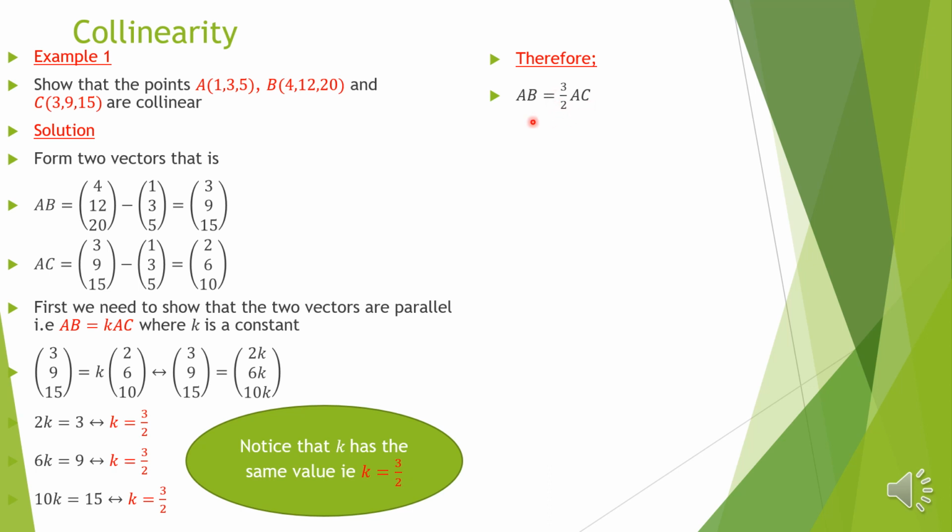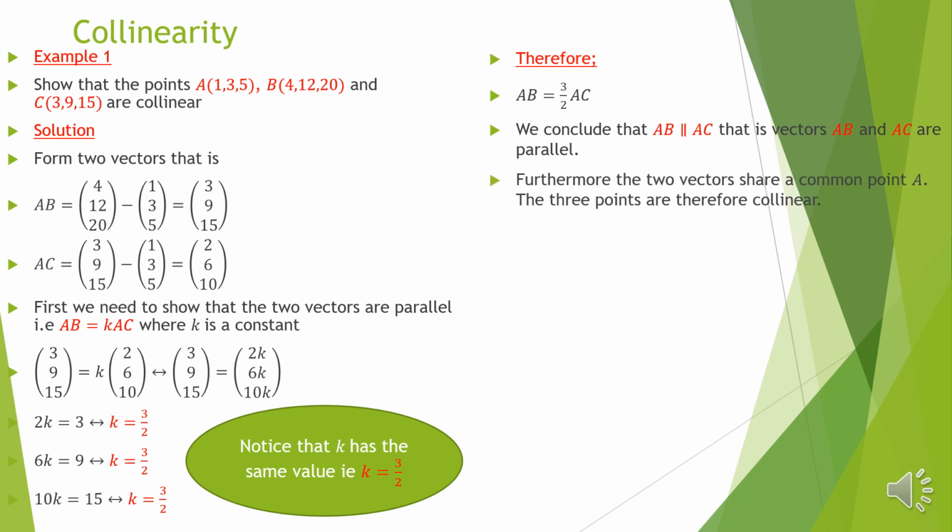So see that if I want to get this vector AB, I'm going to take vector AC multiplied by 3 over 2. And therefore, it is clear that AB is a multiple of AC by a constant 3 over 2. And therefore, we conclude that AB is parallel to AC.